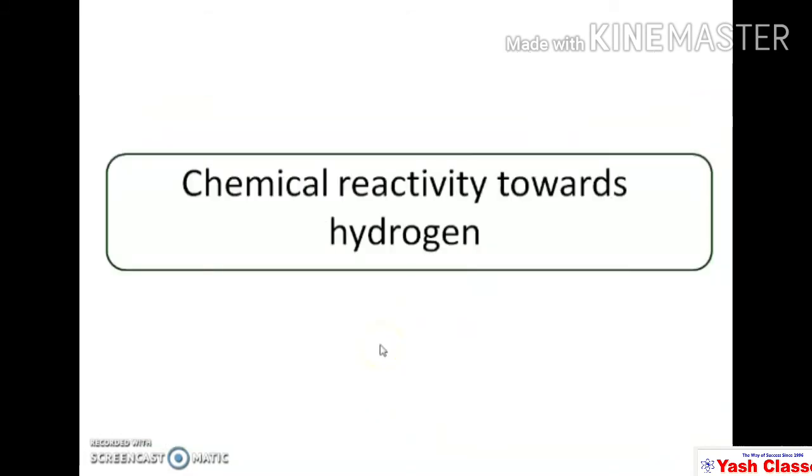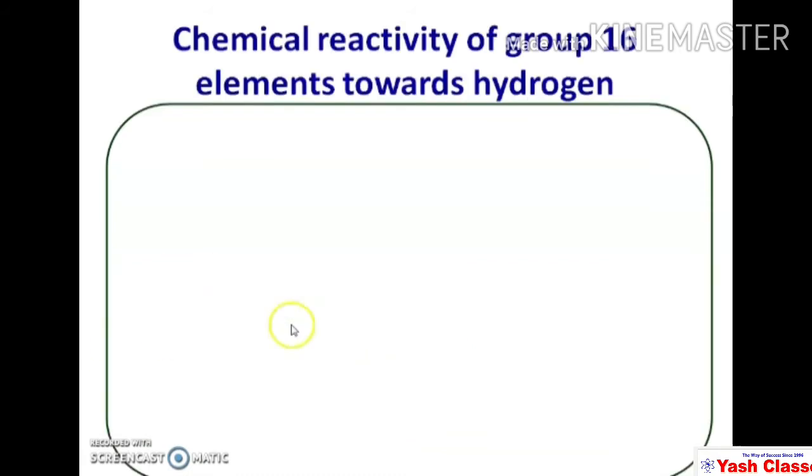The next point is chemical reactivity towards hydrogen. First of all, the chemical reactivity of group 16 elements towards hydrogen. Group 16 elements, that is oxygen, sulfur, selenium, tellurium, react with hydrogen and form the corresponding hydrides.